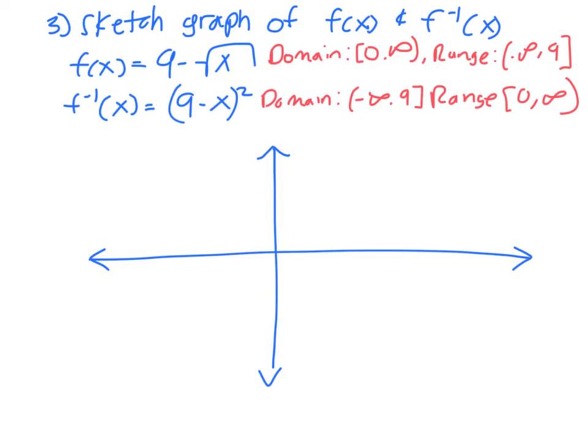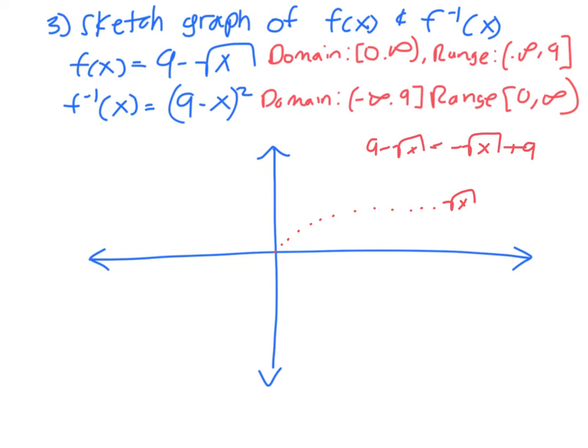So we know that the square root of x looks something like this. Okay, so this is the square root of x. Now 9 minus the square root of x is the same thing as negative square root of x plus 9, right?